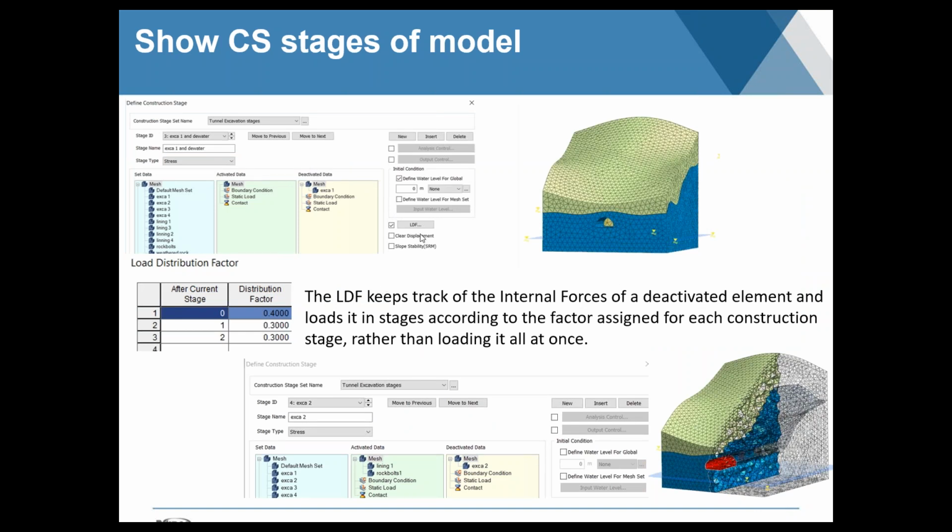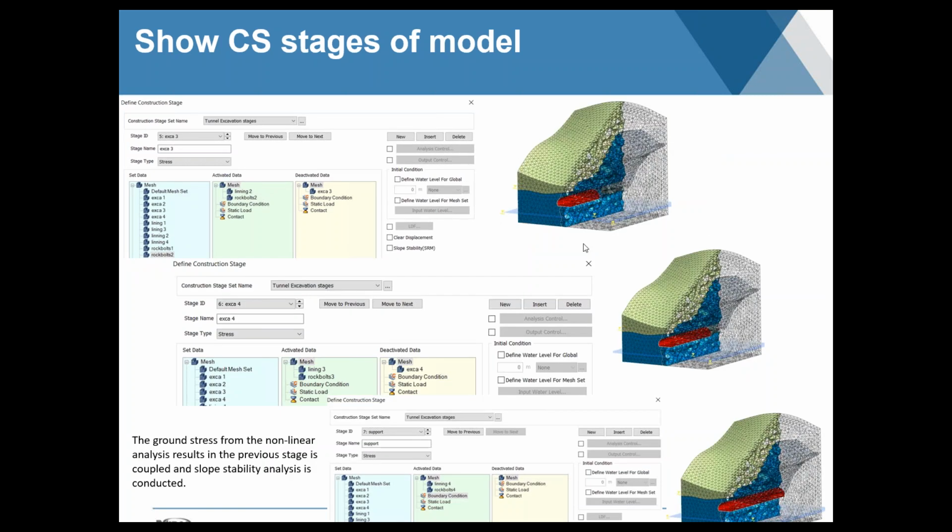I'll also point out some of these other options, like changing the water level table and potentially even activating the load distribution factor, which allows you to distribute the internal forces of what's being deactivated, in this case the excavation of the tunnel, into several stages. And then we will just continue repeatedly doing the same, deactivating, basically simulating an advancing of the excavation while simultaneously activating the support system from the previous section until we get to the end.